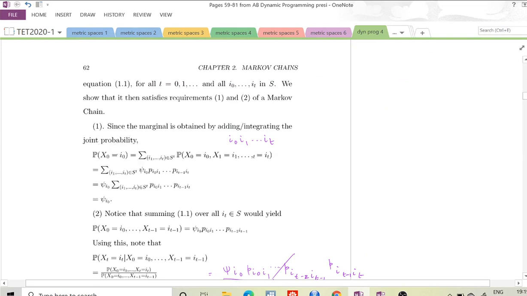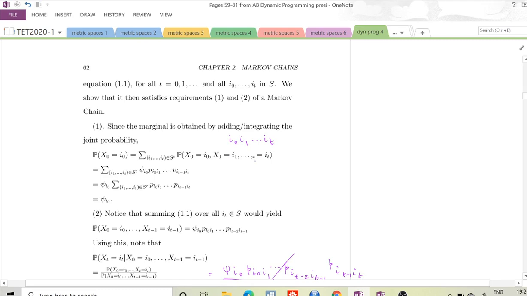So how should I interpret the probability x naught equals i naught given these path probabilities? Well, I say, look, the path probability across any particular path is a joint probability, right? It's the probability that x naught is i naught and x1 is i1, etc. So from that, how do I get the marginal probability x naught equals i naught?